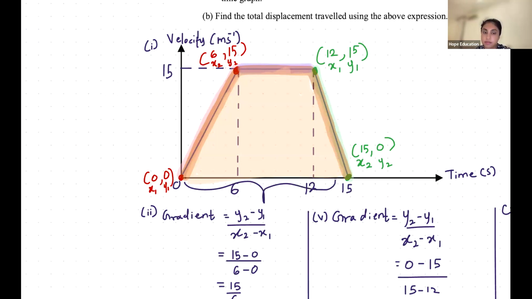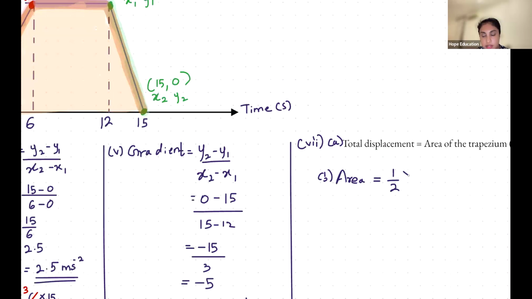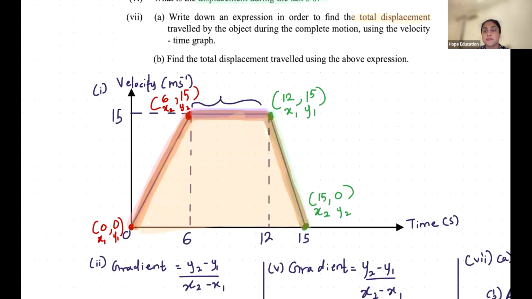15, no? 15. So sum of the two parallel lines is 15 plus this line. What is the length of this line? 6. Yes, the gap is 6.